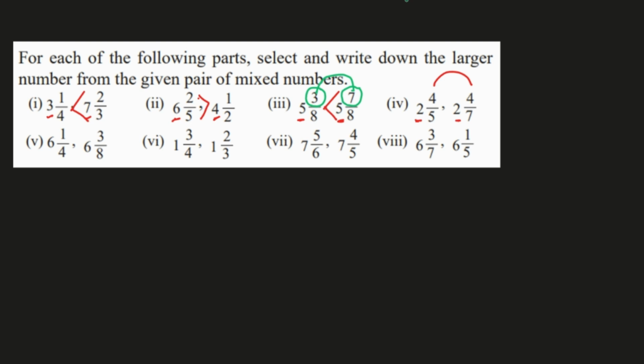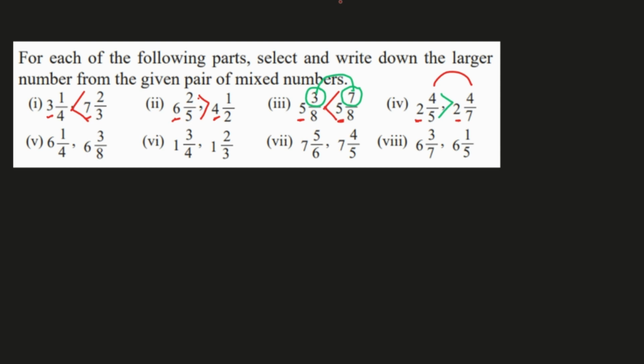So we can tell that 2 and 4 upon 5 is greater than 2 and 4 upon 7. Right. So you know how to calculate it, right? You can just draw some figures. If you can't understand it, then you can easily understand the concept. Always try to understand the concept instead of just learning these theories by heart.